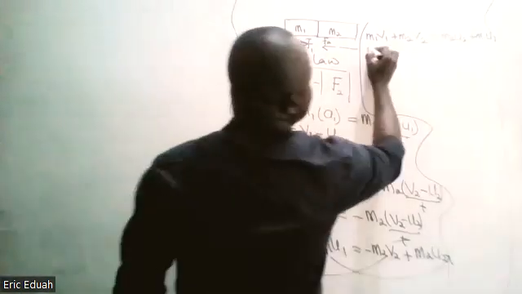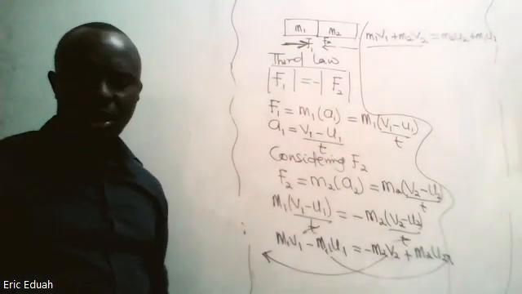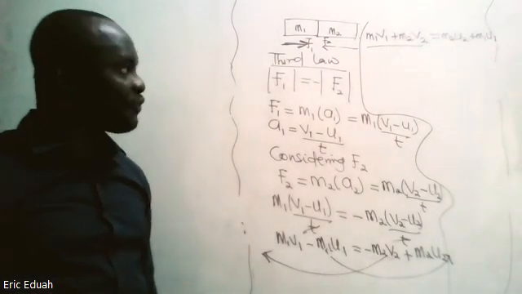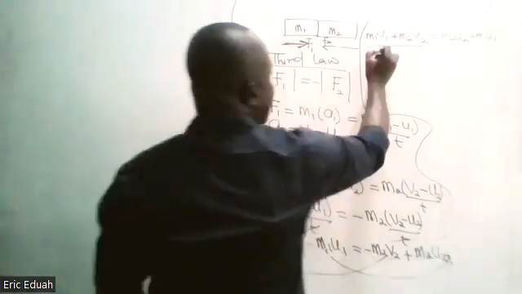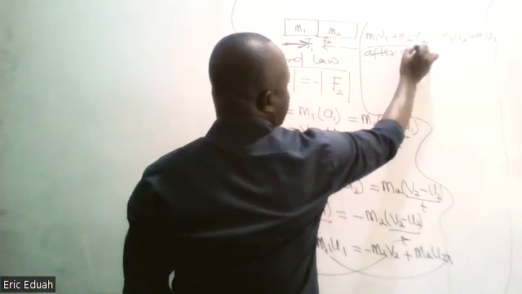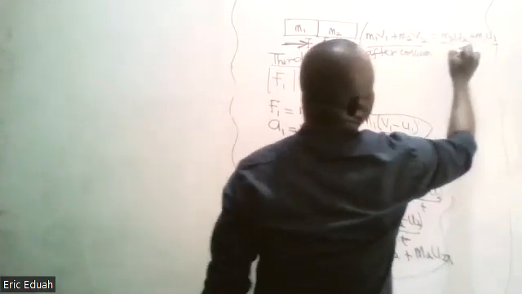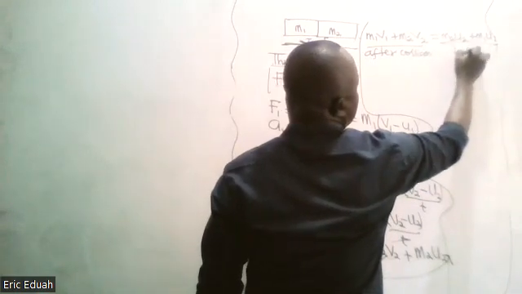Now look at what we've done. This is the sum of momentum of the two bodies after. So this is momentum after collision. And then this is momentum before.